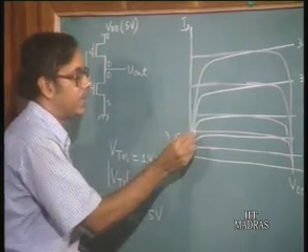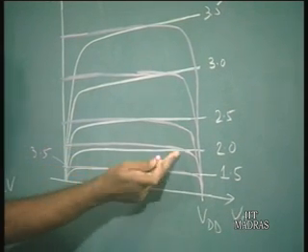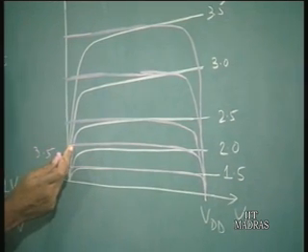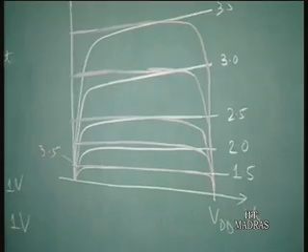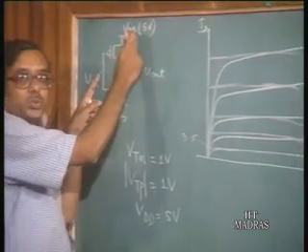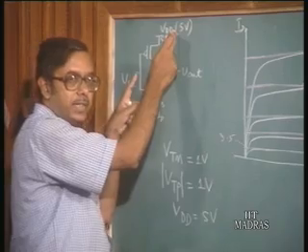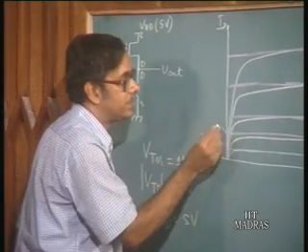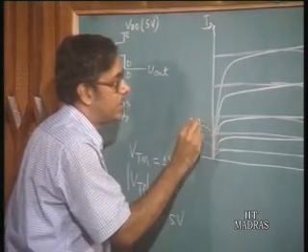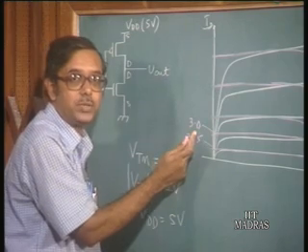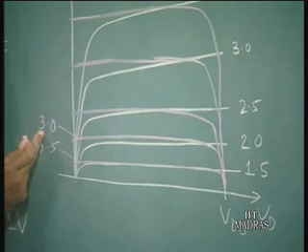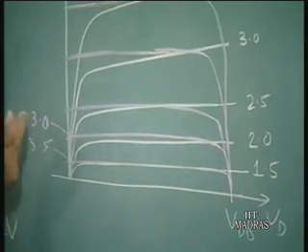Okay. Now, next one, the VGS is minus 2 volts, which means that the gate voltage is 3 volts. So, 3 minus 5 is minus 2 volts. So, this voltage is 3 volts. What I am writing here is actually the input voltages.